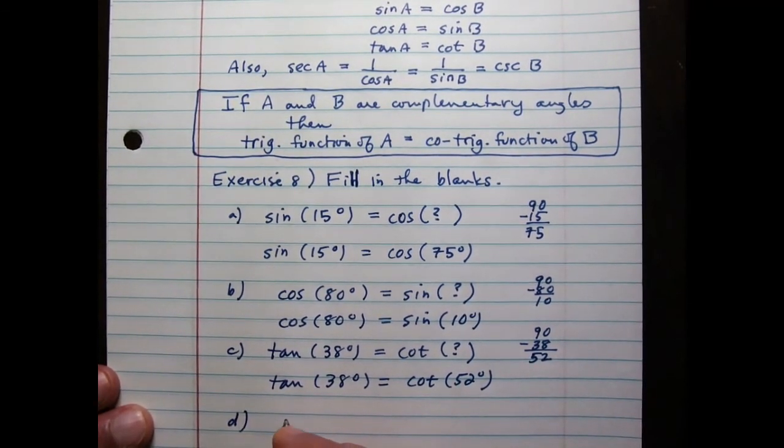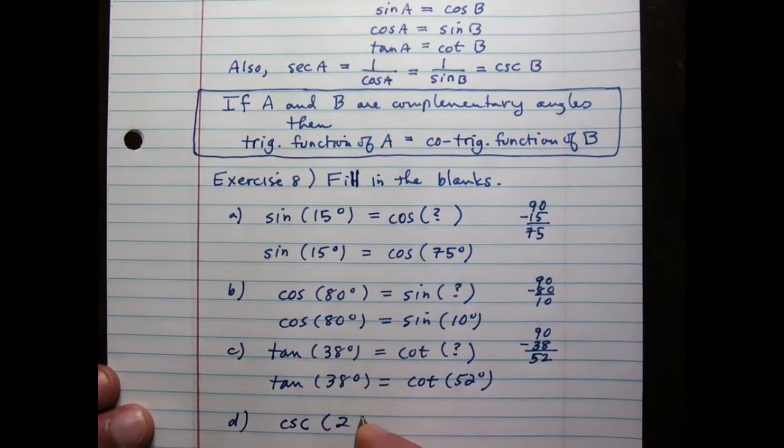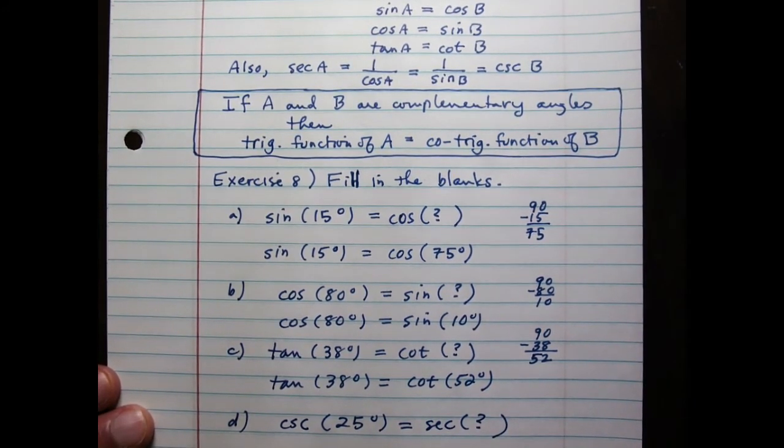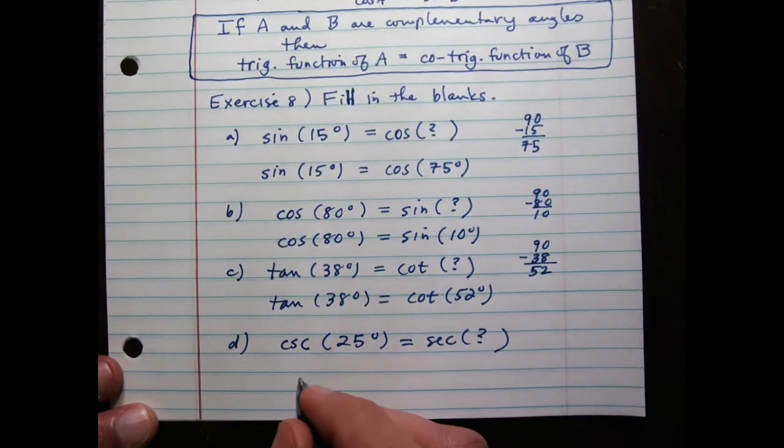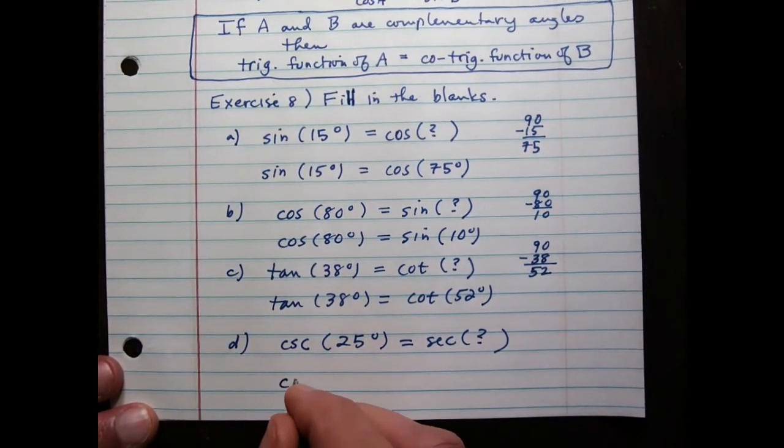And just one more. If we have cosecant of 25 degrees, that equals the secant of what angle? Now there may be other angles, but we're just saying for these, we can come up with at least one way to fill in the blank.